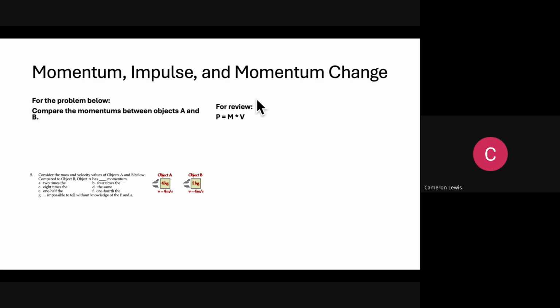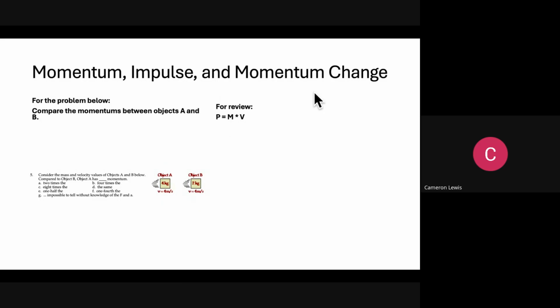Now, when we understand that, let's consider the momentums of the two objects and compare them. We have the mass and velocity of objects A and B below. Compared to object B, object A has a momentum that is what? 2 times, 4 times, 8 times, the same, 1/2, or 1/4?